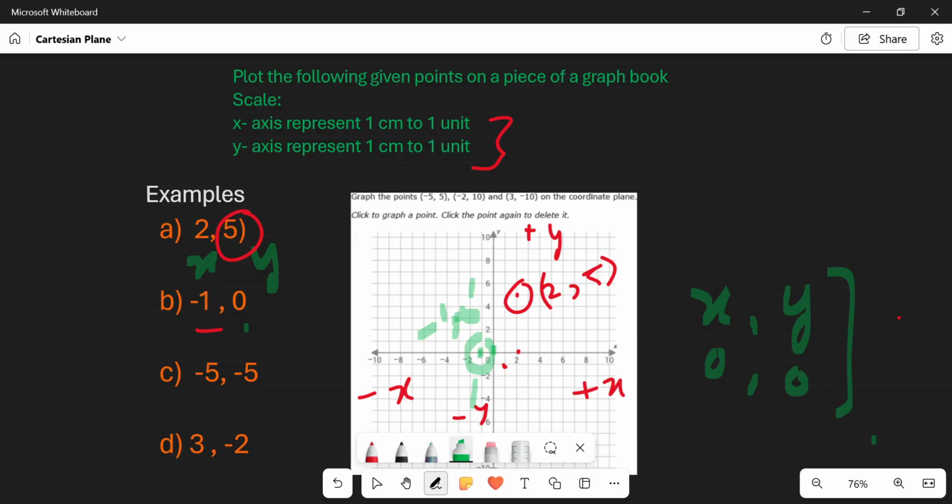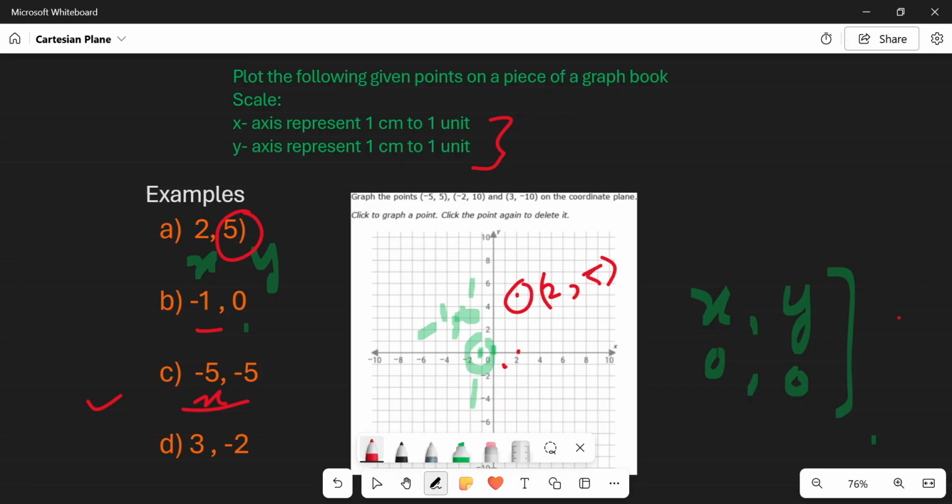Let's do another example. The third one says -5 and -5. Let me clean this graph. The first -5 belongs to the x value.